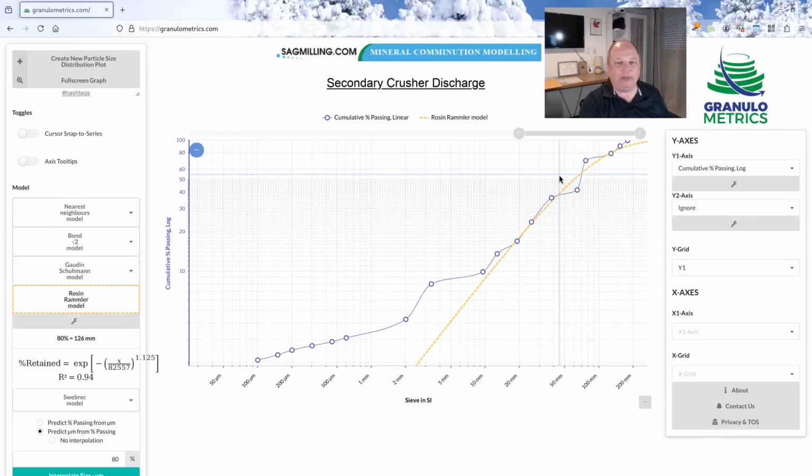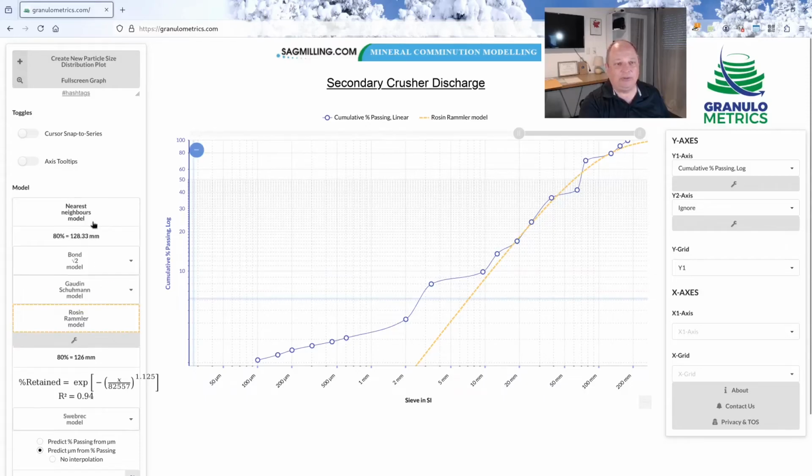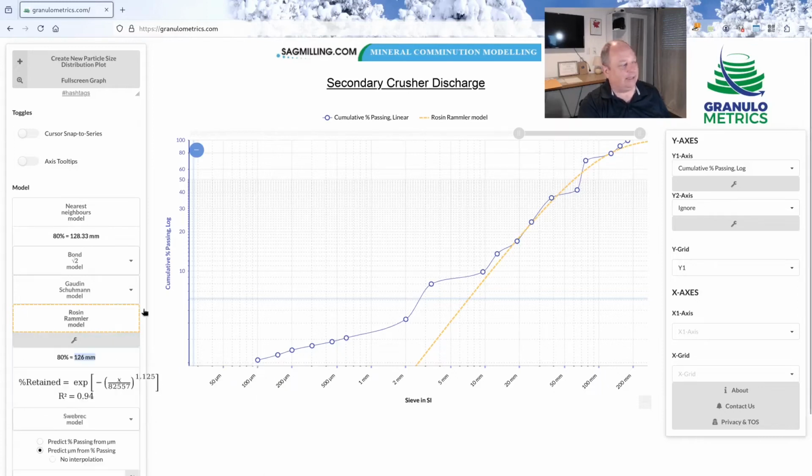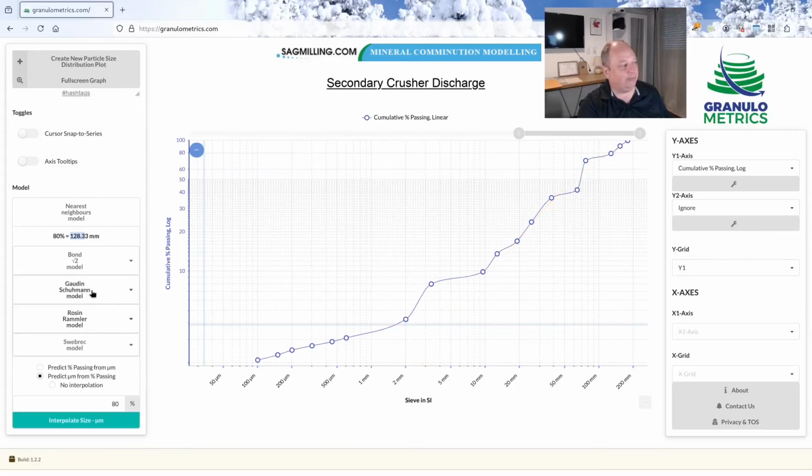And we can compare how robust this point is to some of the typical regression equations we can use to describe particle size distributions. So in this case, the Rosin-Rammler distribution gives us a fitted 80% passing size of 126 millimeter, which is almost exactly the same as the 128 millimeter you get just by looking at these two nearest neighbors. So that suggests it's a reasonably robust number.